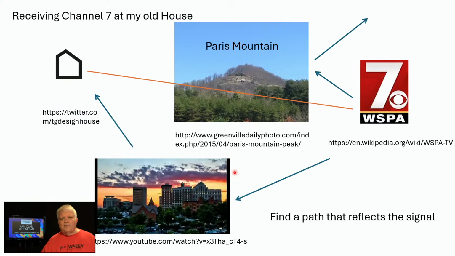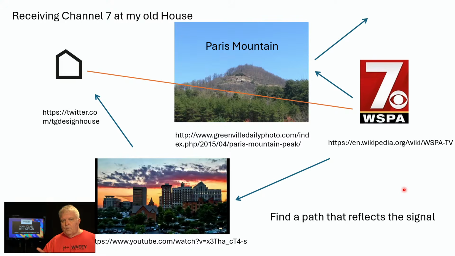All right, this is my story about trying to receive WSPA TV at a QTH I had in Greenville, South Carolina. I was on one side of a small mountain called Paris Mountain, and WSPA, the TV station, which was on a VHF frequency, was on the other side. And so the direct path from WSPA's transmitter wouldn't make it through Paris Mountain to my house.